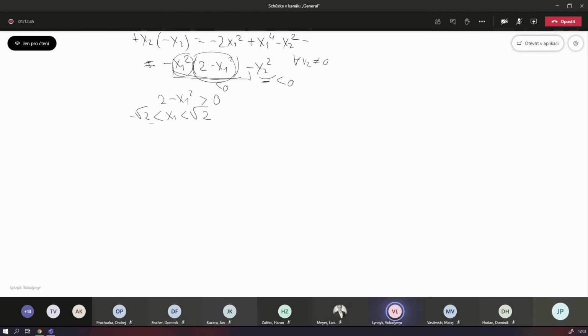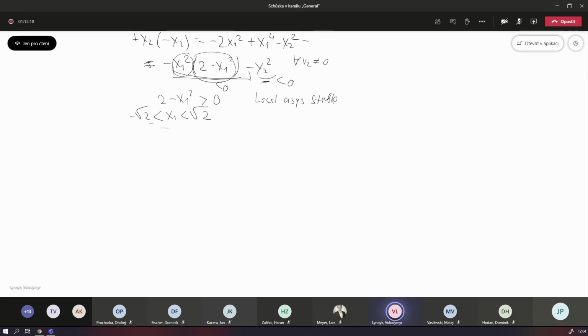And now we know that this system is local asymptotical stable, for all x2 not equal to 0, and for x1 greater than minus root of 2 and less than root of 2.